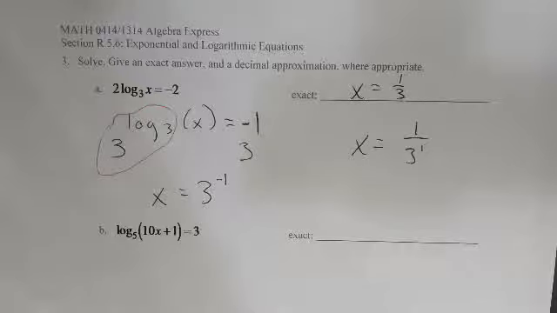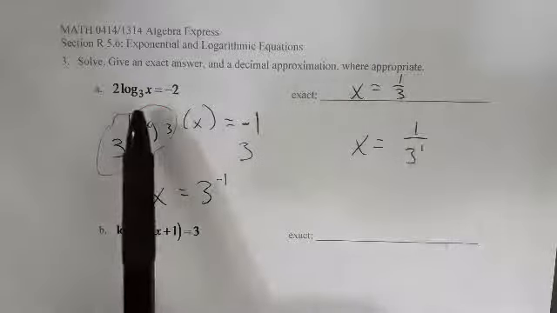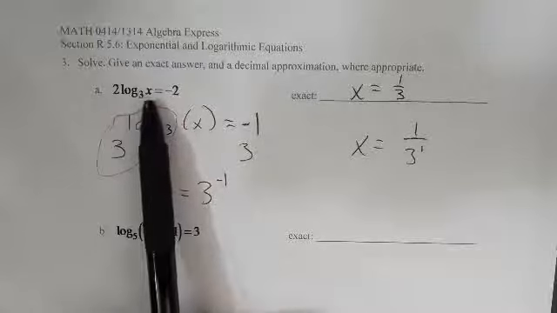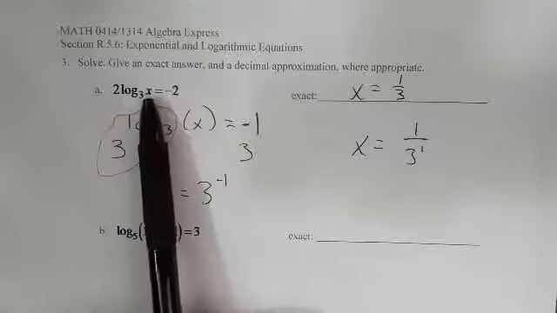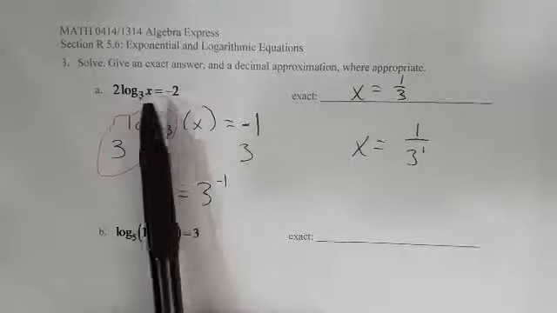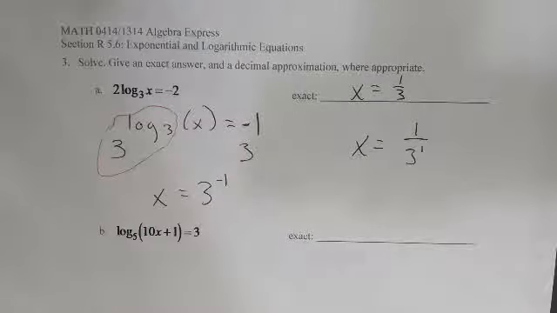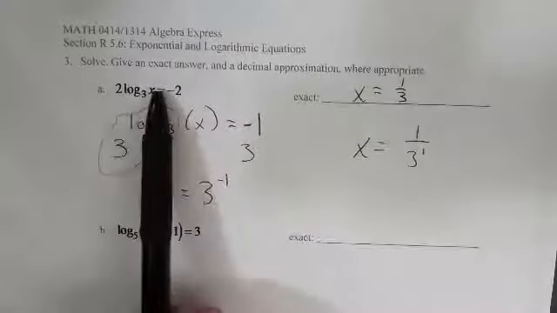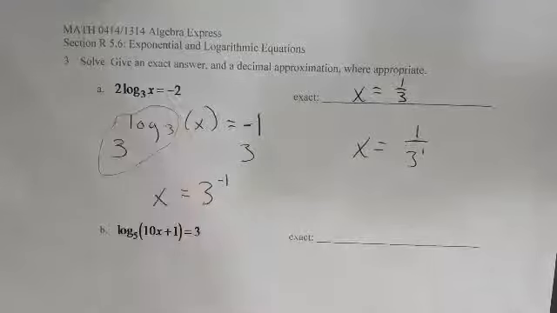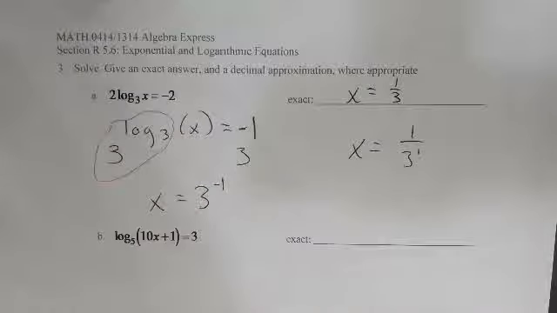Okay, and just to recap what a solution is, if I go back and plug in 1/3 into this, it should give me a true statement. And to be fair and honest, we probably really should be checking these solutions. I'm not sure that they tell us explicitly to check it, but we really should, because the log does have some restrictions with its domain, right?